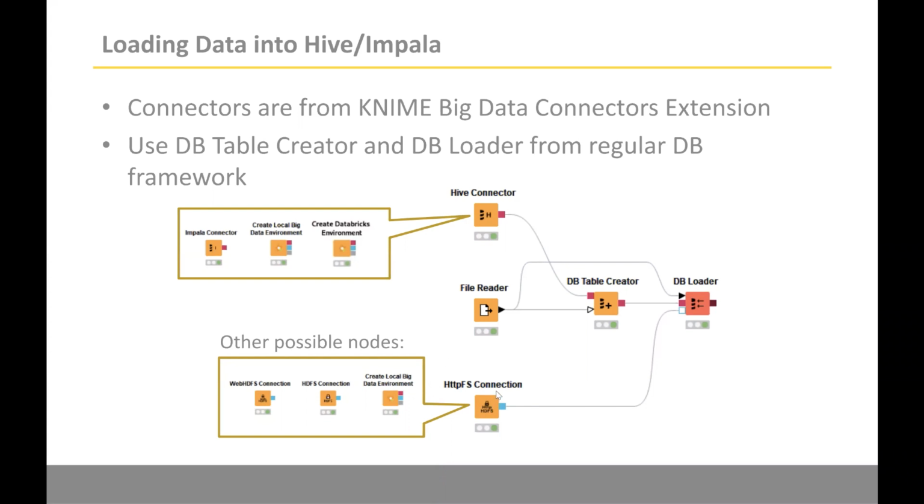Typically, for the big data environments, the DB loader will require a file system connection as well, because the data that you upload from Knime is first uploaded to a file system such as HDFS, and then the node runs SQL queries to import that data, which is already in HDFS, into a Hive table, for example.